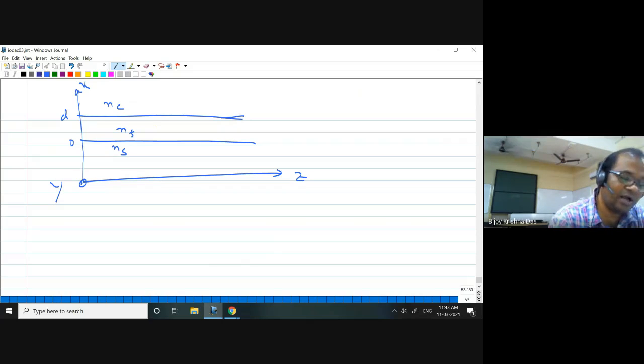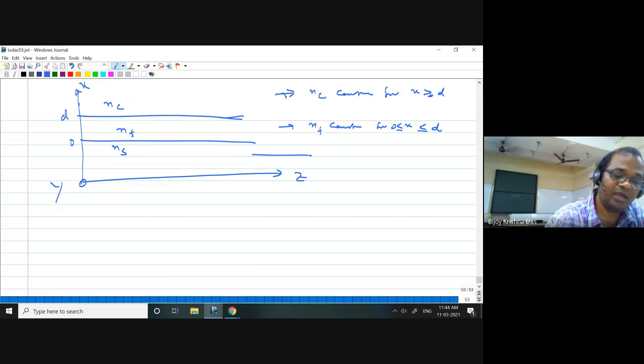In this case, I know that NF is constant for x greater than or equal to 0 and less than or equal to D. And NC is constant for x greater than D. Similarly, for mathematical analysis purposes, we can say that NS is constant for x less than 0.